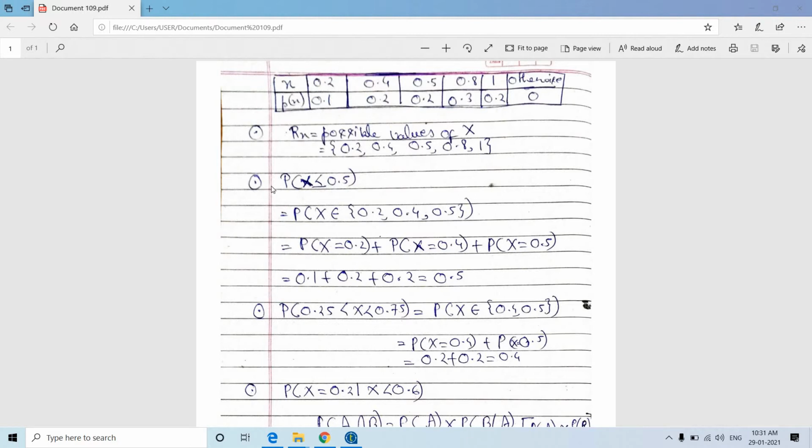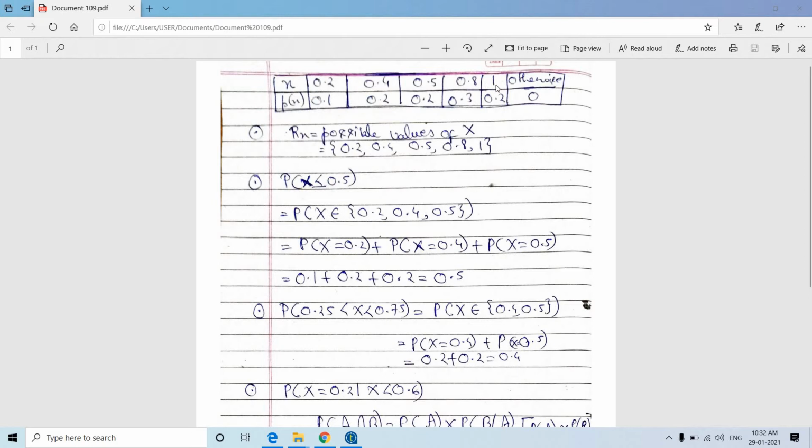Now here I am going to discuss from the mathematical point of view. Suppose you are given this kind of table, where x is our random variable, which is basically a set of values for a random experiment. Suppose 0.2 can be an outcome, 0.4, 0.5, 0.8, and 1 can be outcomes.